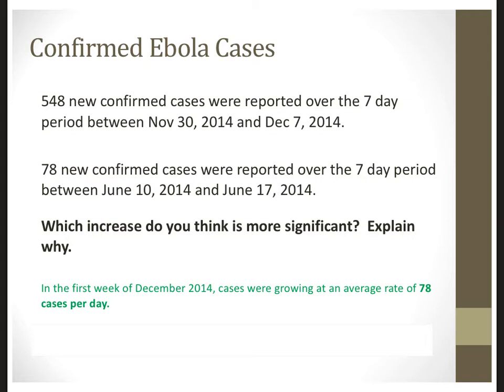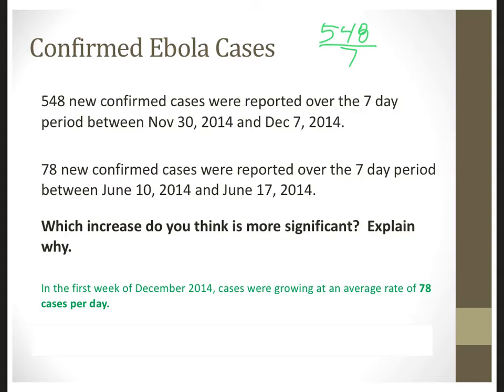So for example, in the first week of December, cases were growing at an average rate of 78 cases per day. And so this 78 comes from taking the total change in cases, which was 548, and dividing that by 7, which was the total change in time over that week. So that was a change of 78 cases per day.